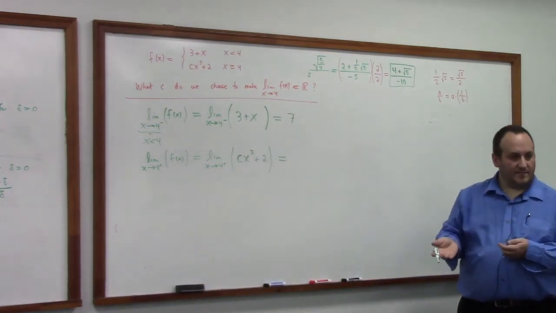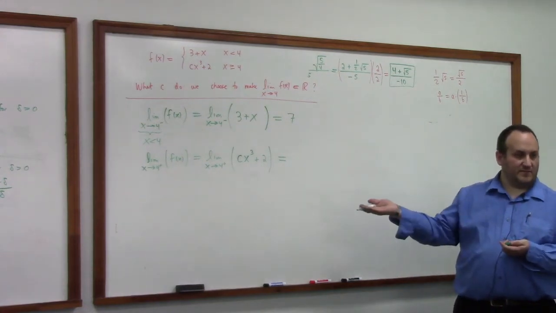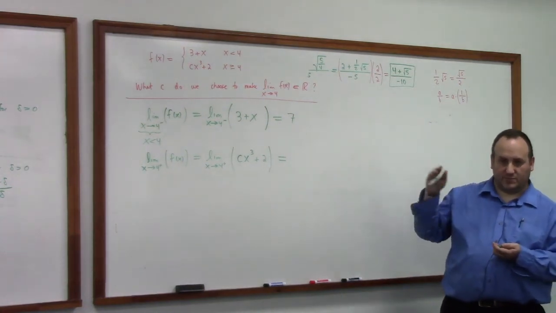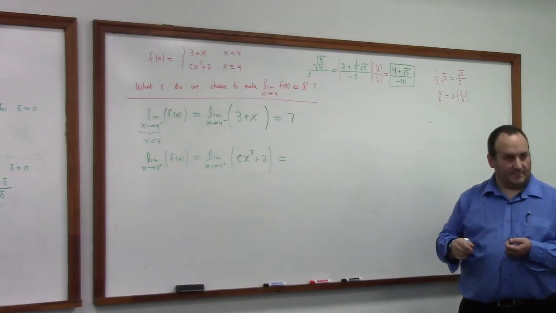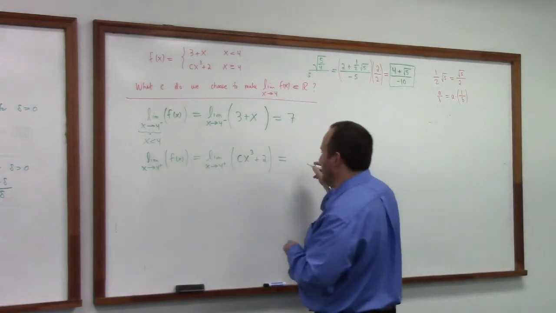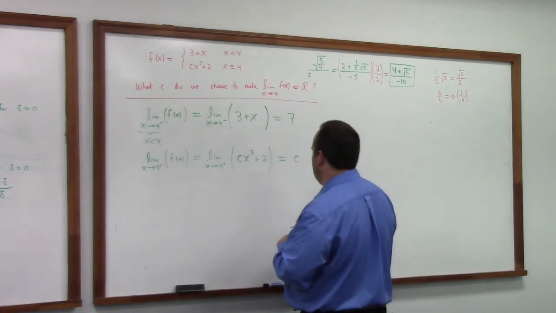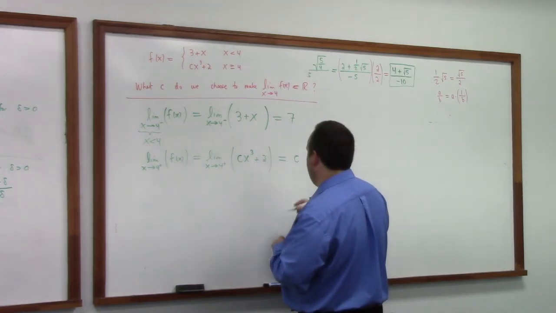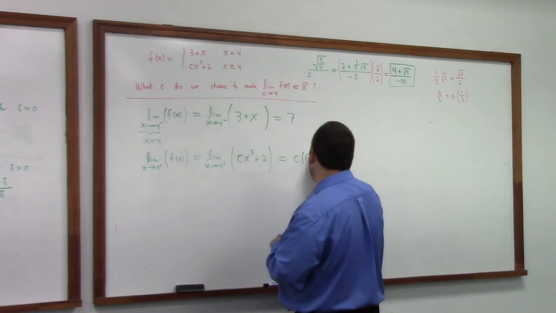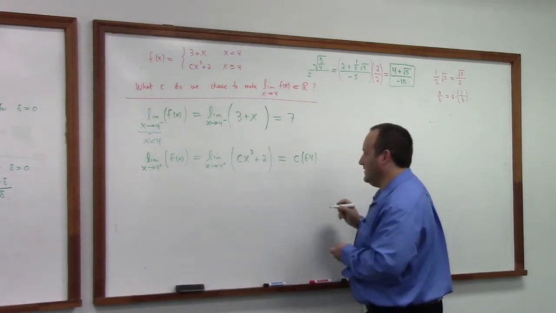And again, this is a polynomial, so like I was saying at the start of today, we just plug in the point. Yeah, c times 4 cubed, which is 64, 4 times 16, plus 2.